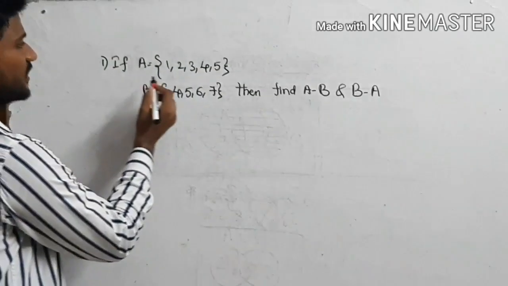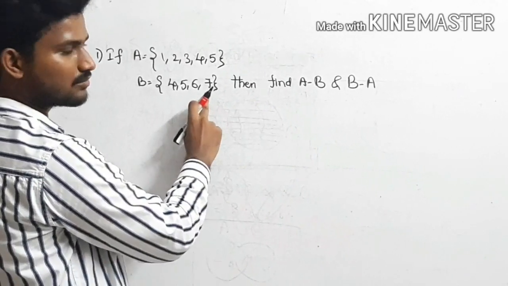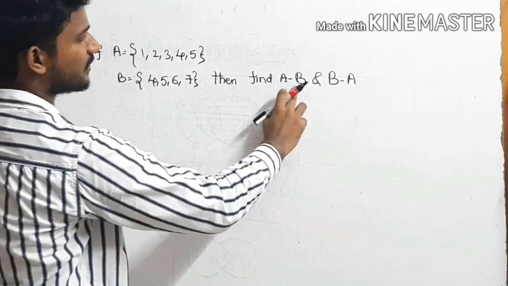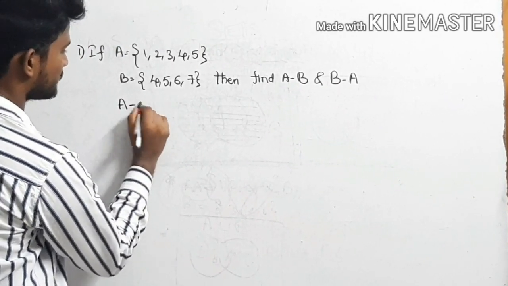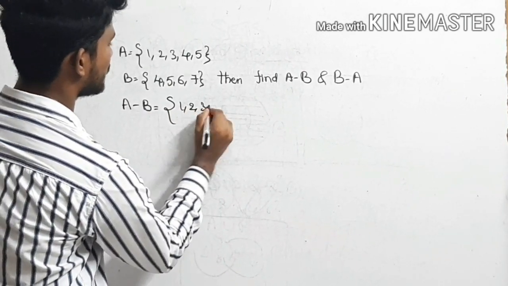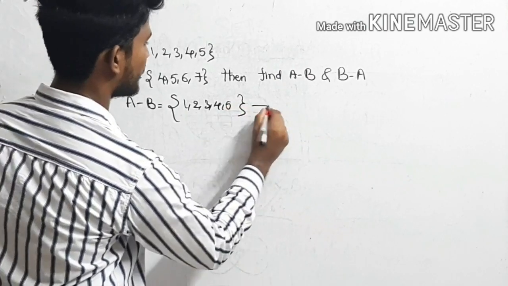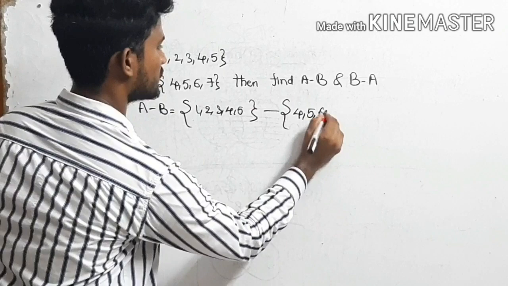Just like this question, if A equals 1, 2, 3, 4, 5 and B equals 4, 5, 6, 7, then find A minus B and B minus A. First we write A minus B equals A, 1, 2, 3, 4, 5 minus B, 4, 5, 6, 7.